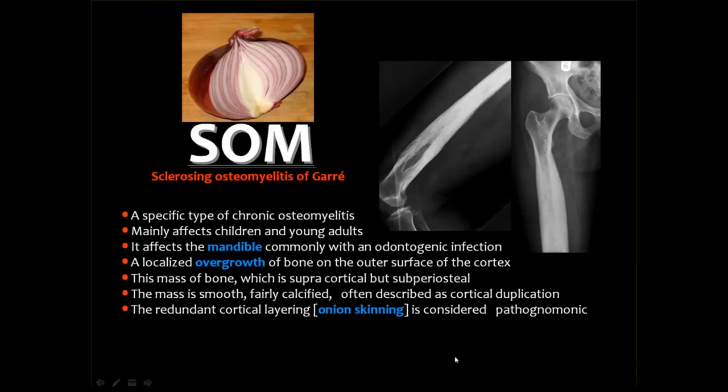Then we come to what is known as sclerosing osteomyelitis of Garré, and this is a specific type of chronic osteomyelitis usually seen in children and young adults.